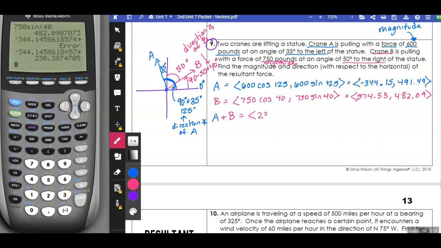The reason I'm doing that instead of typing it in is because if I type it in, I would actually be rounding before my end answer, which is not good. Then add my B values, 491.49 plus 42.09, and I get 973.58.